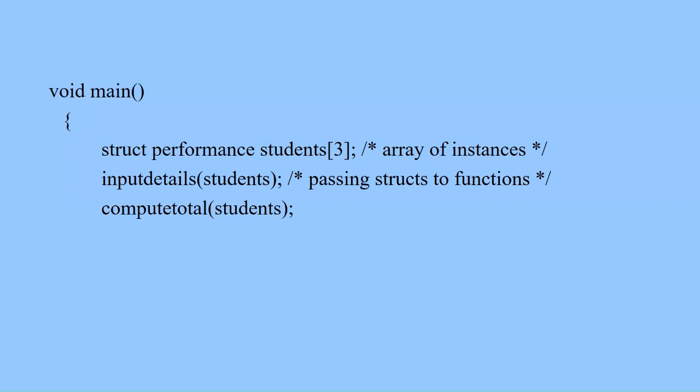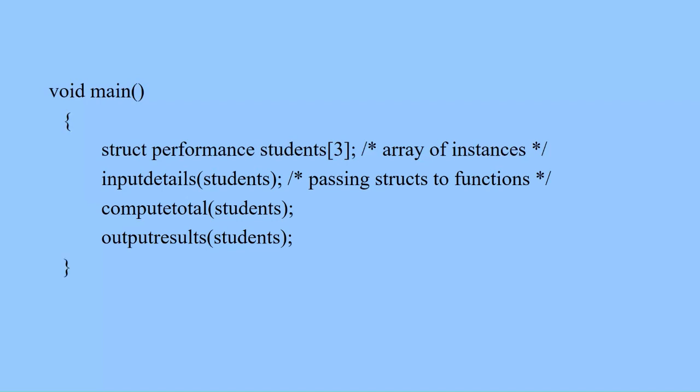Next is a function call by the name compute total. It is invoking the function called compute total and sending it the array of structs, that is, the array of structs by the name students. We also have the other statement which invokes the function called output results and passes to it the array of structs.